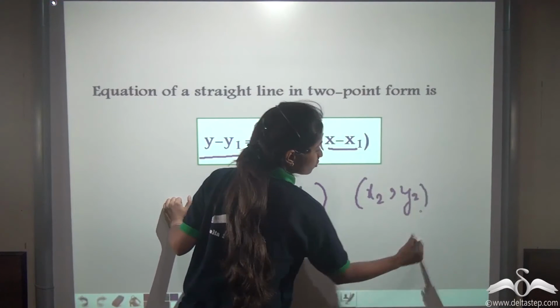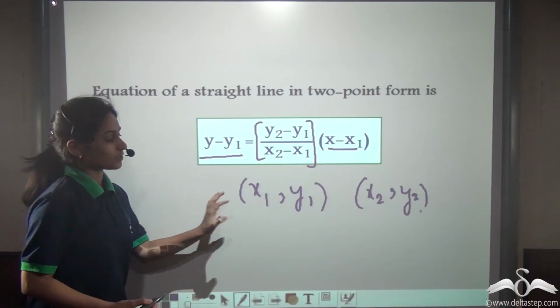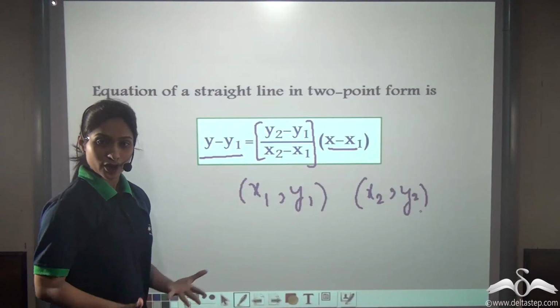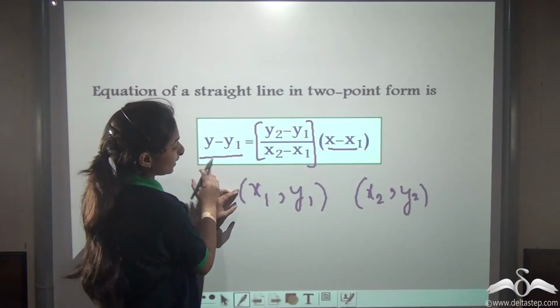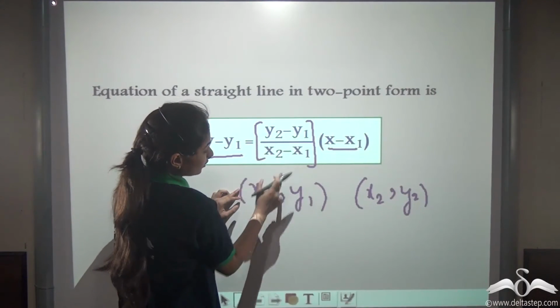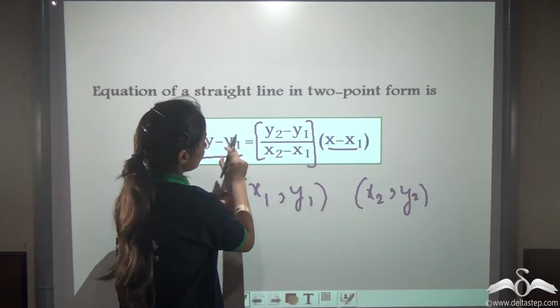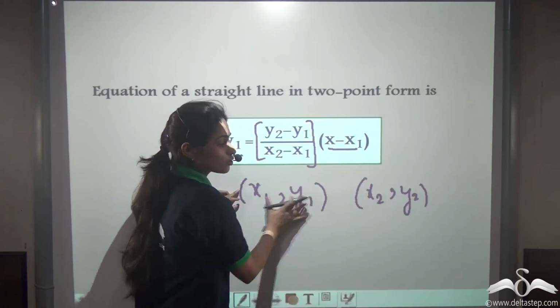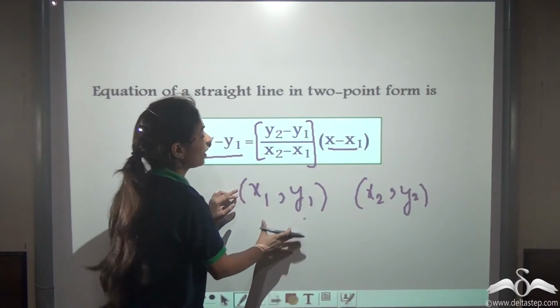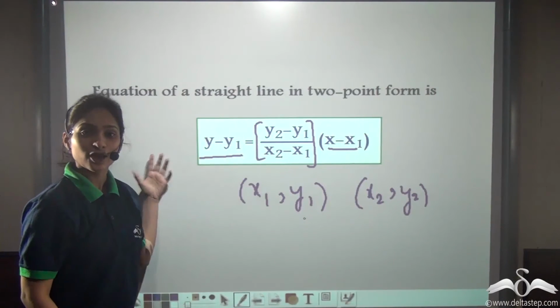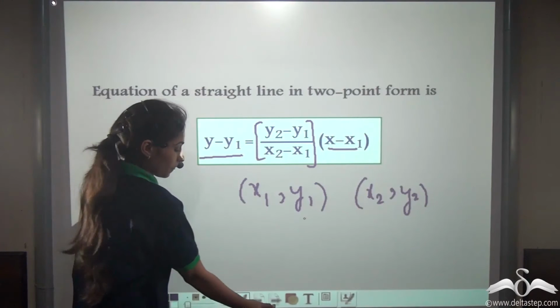If we are given 2 points, that the line passes through these 2 points, you have to find the equation of such a line. You have to replace x1 and y1 with these 2 values and x2 and y2 with these 2 values, whichever values you have been given, and in terms of x and y, you will get an equation.